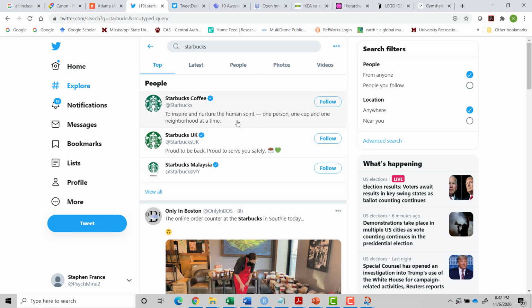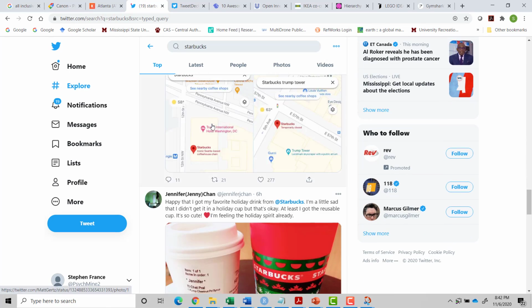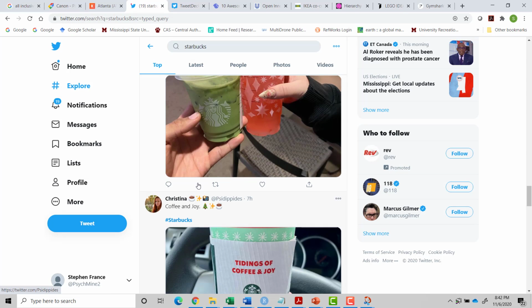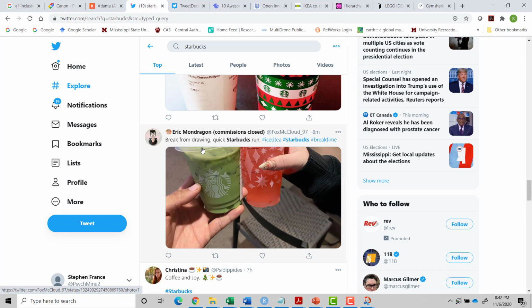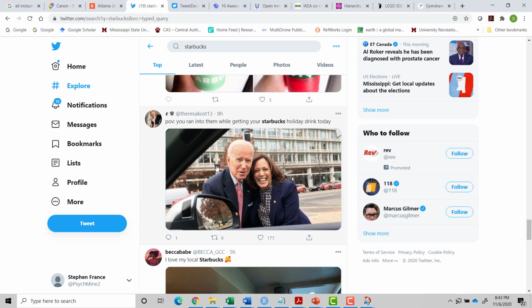I can program what's called an API, application program interface, to look at Twitter, and I can download all the tweets about Starbucks and measure the sentiment of these tweets, whether they're positive or negative, based on the words used. If you want to know more about that, you're going to have to take my advanced analytics class.